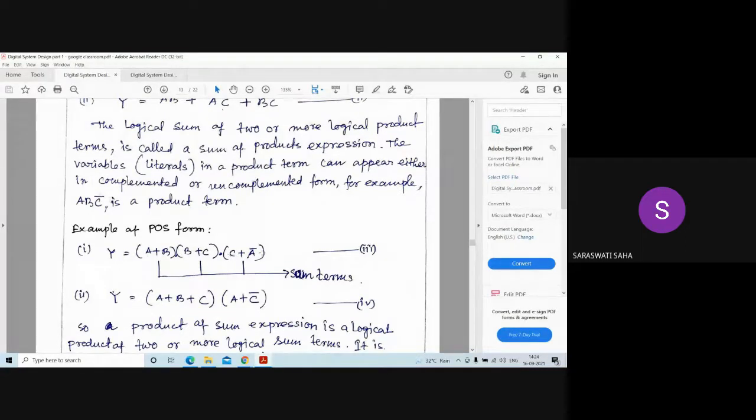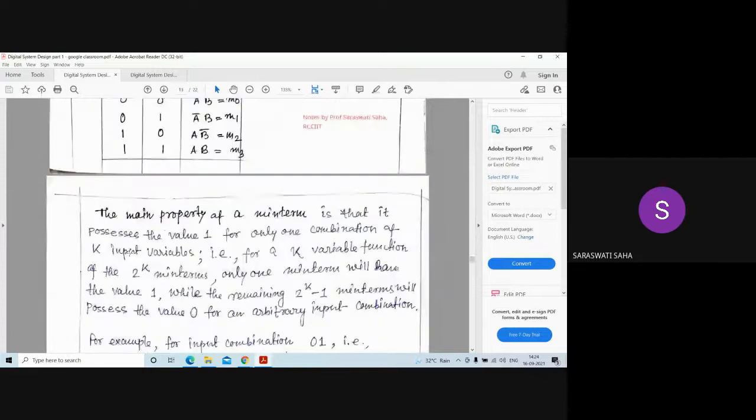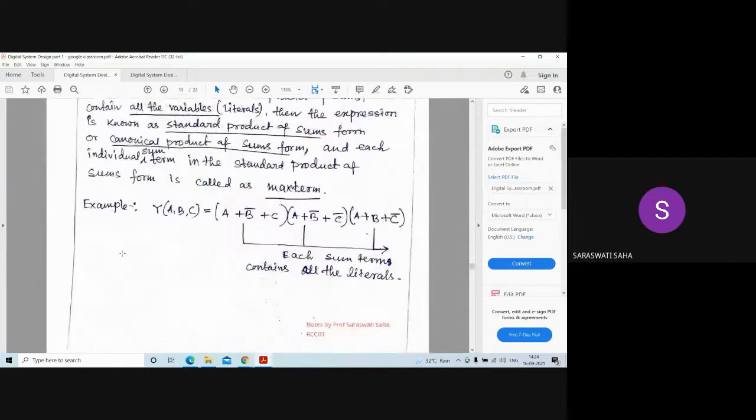So these are not in standard form. But here it is in standard form, because each sum term contains all the input variables, that is A, B, C, either in normal form or in complement form. Clear?